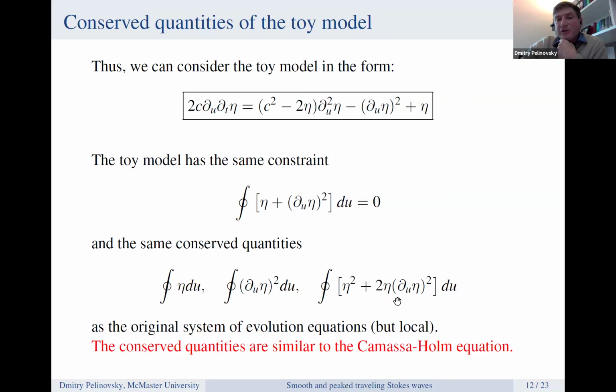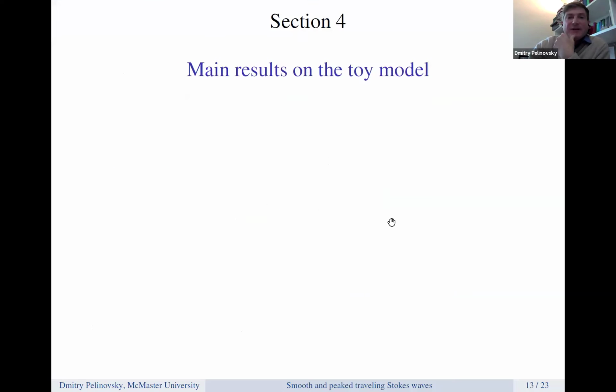And all these quantities are not very far from the conserved quantities of the Camassa-Holm equation. So what we achieved here by doing this kind of toy model is that we are at the level where it is not a KdV theory, but more like a level of Camassa-Holm theory, with the quantities defined like this.